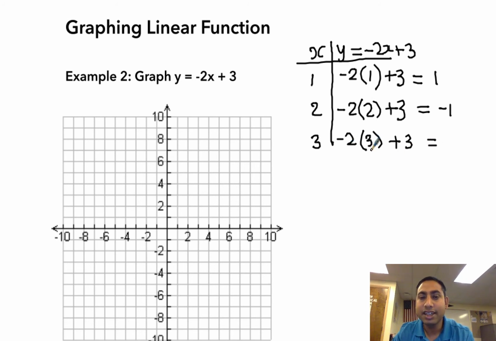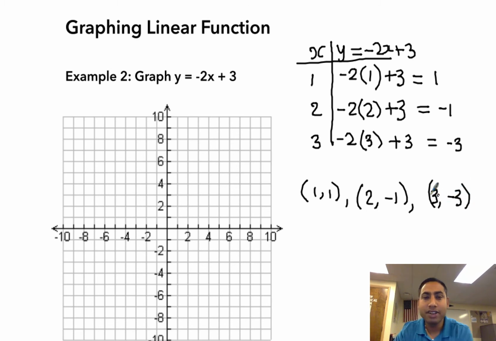Negative 2 times 3 is negative 6, plus 3 is negative 3. So we got 3 points here: 1, 1 from the first x and y values, 2, negative 1, the second one, and then 3, negative 3. To draw the graph of this function, all you have to do is plot these 3 points and then join them with a straight line.